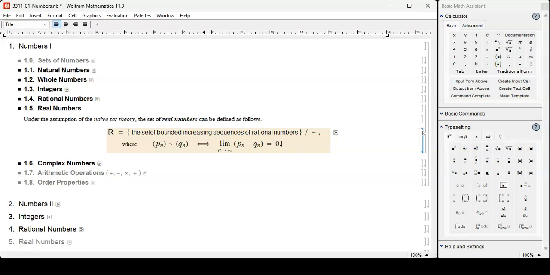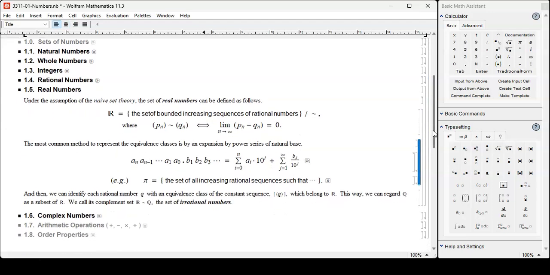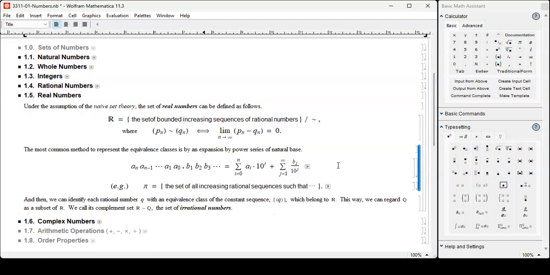Is this an equivalence relation? Well, you can prove it using the limit rule. Let me show you some examples. The most typical example is a power series with a natural base. So in this case, natural number 10 is used as a base. And then we have the integer part here, which is a finite series.